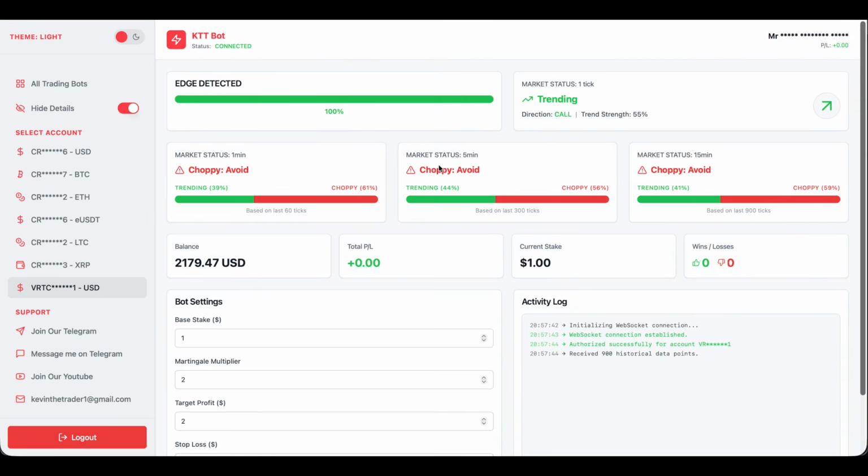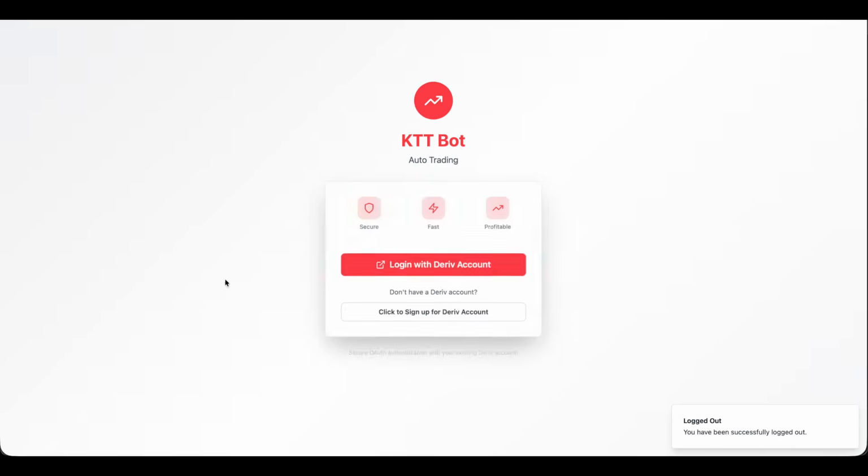According to the last video, I showed you how you can run this bot. In order to be profitable, there is a way you can run this bot, and I showed you that. So I've just logged into my account, and if you don't know how to log into that account, you can just log out like this. Let me show you.